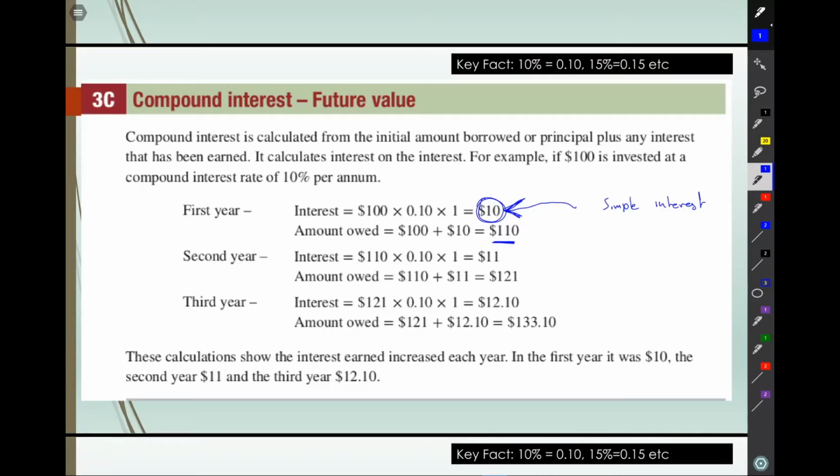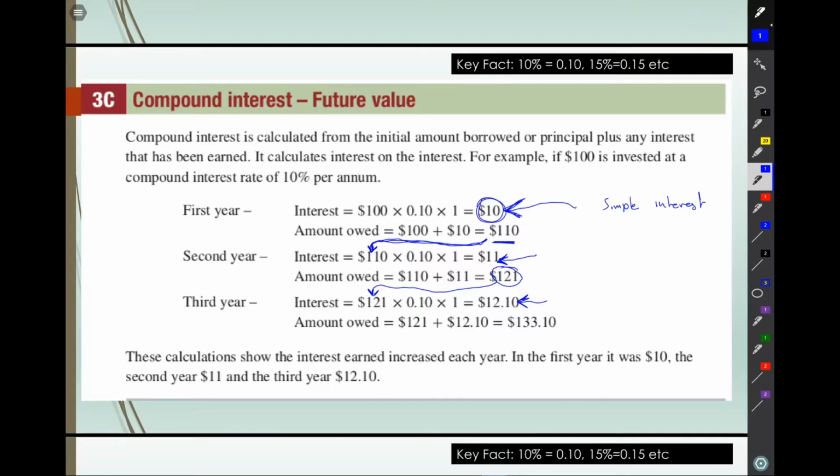Now on the second year, we actually update the principal. We update the starting amount of money to this new amount and then recalculate our 10%. So this time the interest is $11 instead of $10. Then you add on your $11 to the total, and in the next year we update the starting amount again. And this time the 10% that's calculated is different.